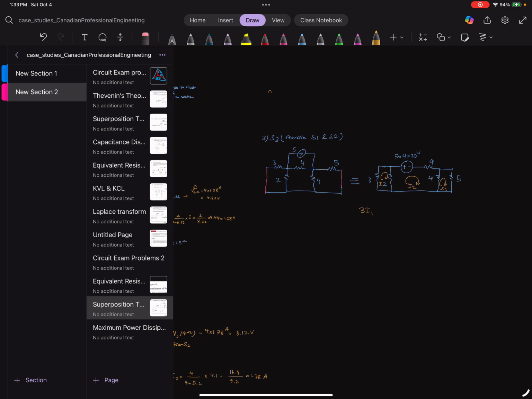3I1 plus 2I1 minus I2 is 0. These are a different set of i's, and so yeah, this is the first loop.